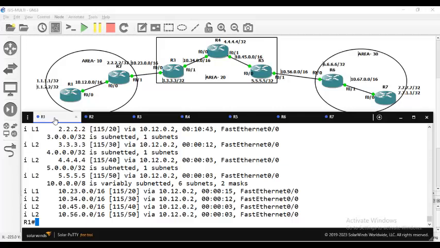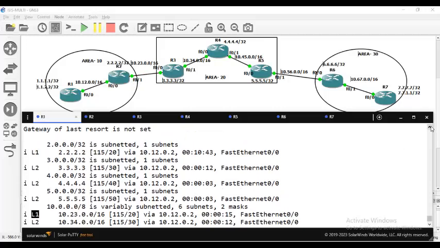So for the same area you will have L1. But when I remove L2 from R1, I will get a default route for all this. That we will do later. Now we are getting routes. Why are we not getting from 6 and 7? Maybe now it might have come. No, still there is a problem between 5 and 6.